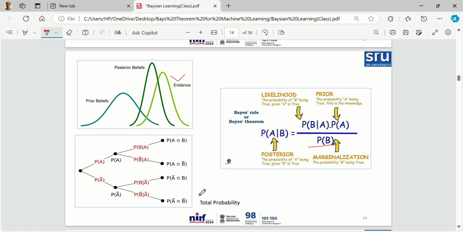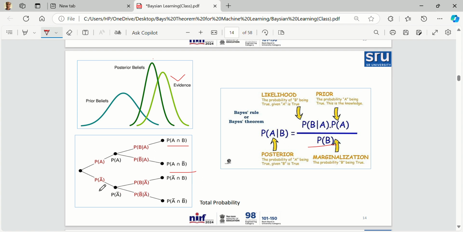Now the total probability you can calculate using the conditional probability tree. So I have two probabilities, probability of A and probability of A complement. From the probability of A, you will find the probability of B given A, that is the probability of A intersection B. Again you can also calculate the probability of B complement given A, that is the probability of A intersection B complement.